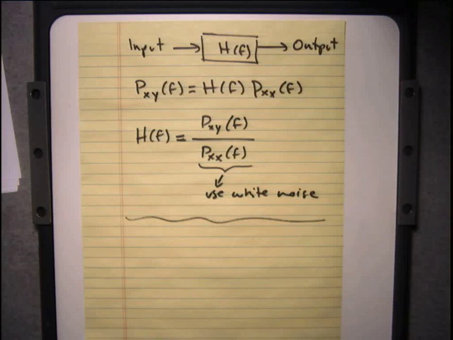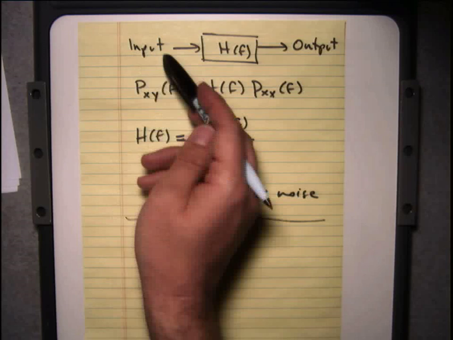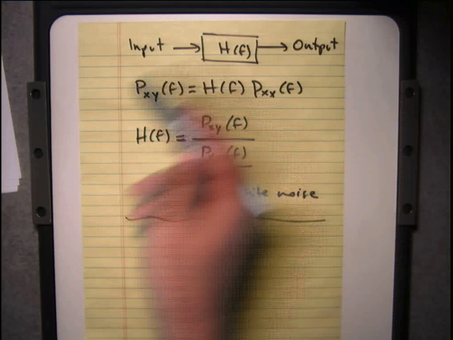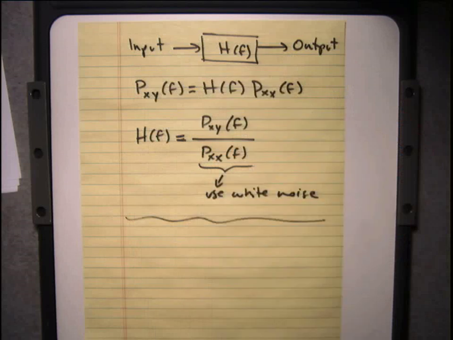So what you're hitting the system with here is a sequence of random numbers that are uncorrelated with each other. That's called white noise. Right, but if you just provide the system with a delta, what you will measure on the output will be the impulse response. That's right. So one way to do that would be to hit the system with a delta and measure the output. I'm just trying to motivate here the use of the random process component of things.